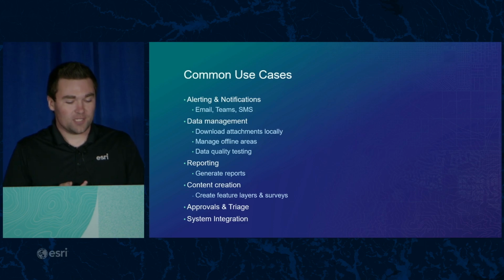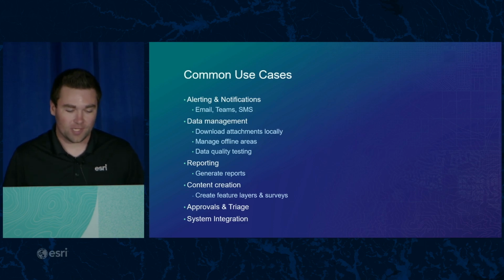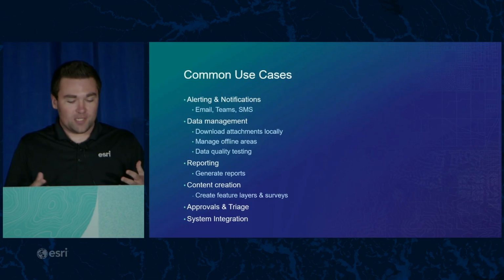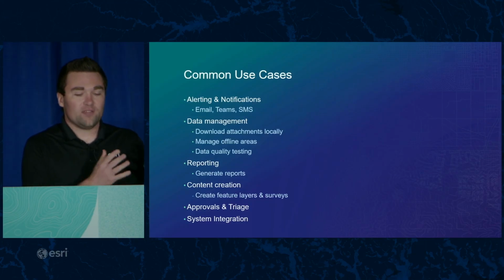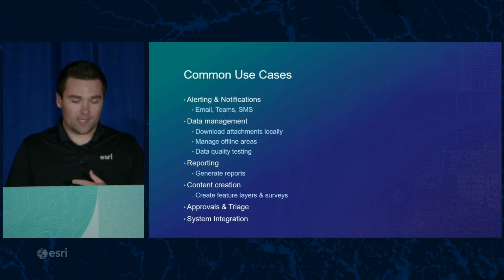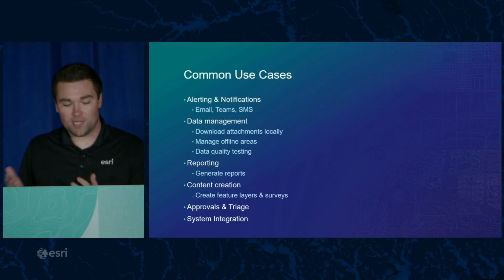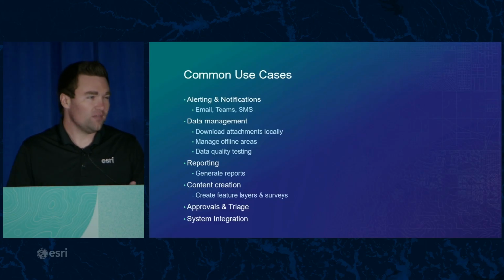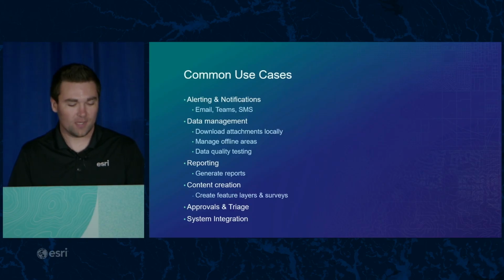As well as content creation. That's a really powerful aspect for automation. So things like creating feature layers, publishing surveys, creating web maps, automating creating this data, either as a response to a scenario. So maybe as a scenario happens, you want to be able to batch create some sort of application that can easily go out in the field and do something with.